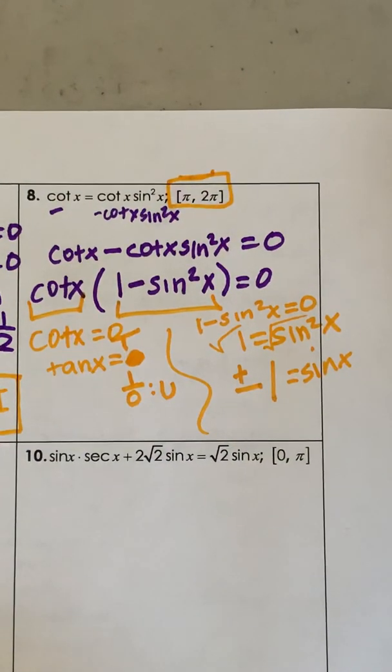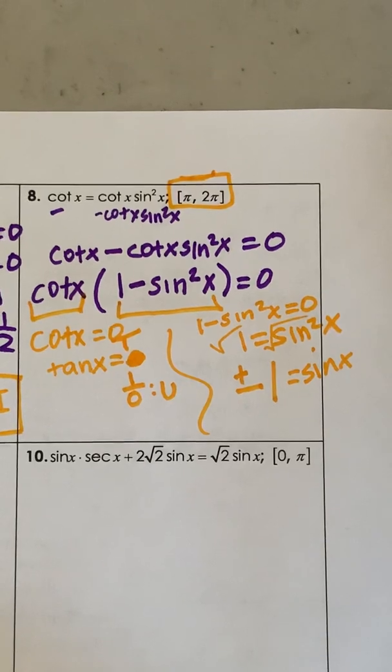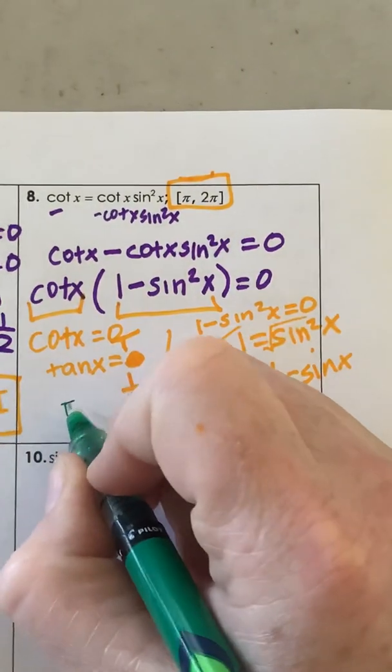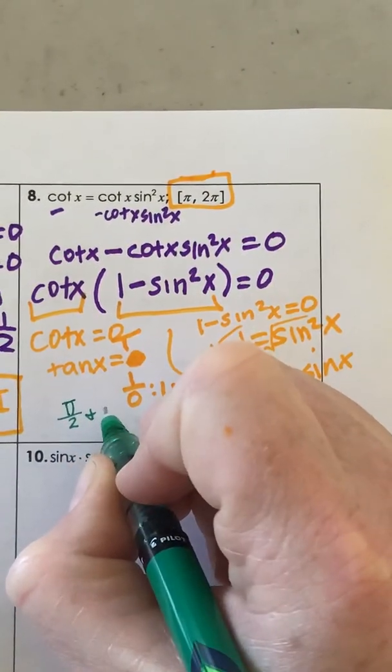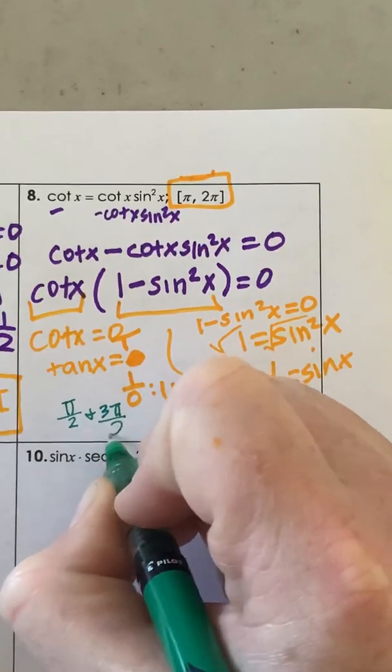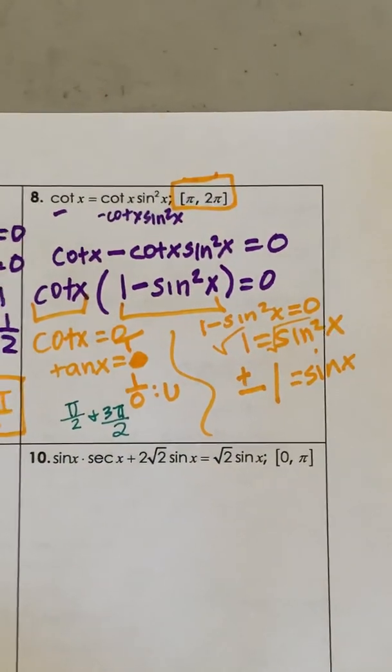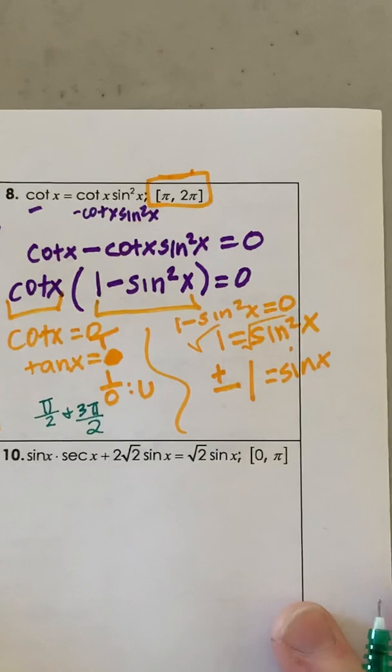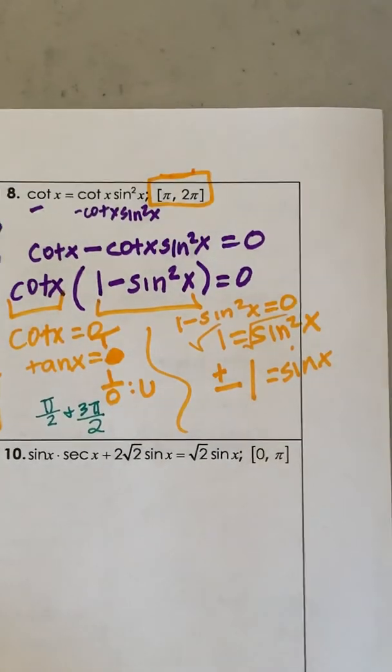So where is tan x undefined? At pi over 2 and 3 pi over 2. Then where is sine plus minus 1? All the ones that are 1 and negative 1, the same.